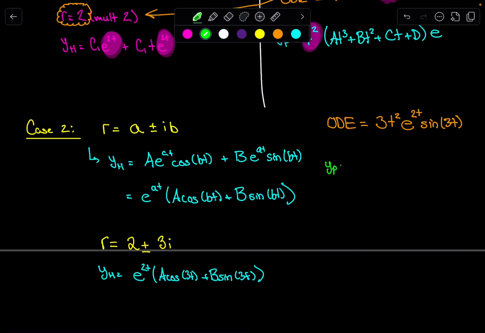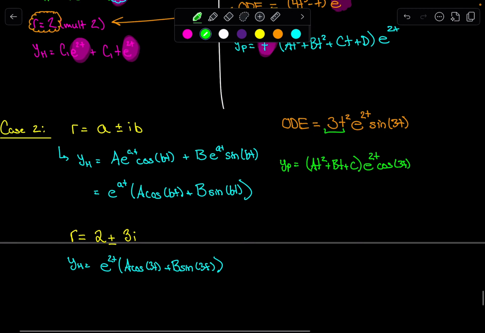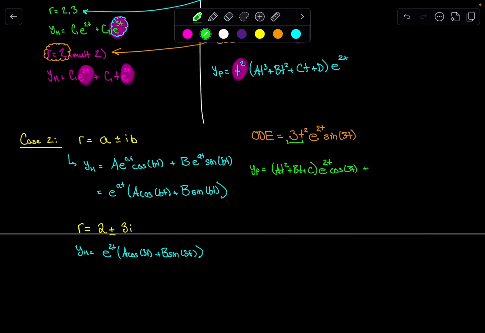Our particular solution guess will not only have the at squared plus bt plus c for the quadratic in the front, it will not only have the whole e to the 2t cosine of 3t, let me zoom out a bit, plus, and then we do this again, so like dt squared plus et plus f times e to the 2t sine of 3t.